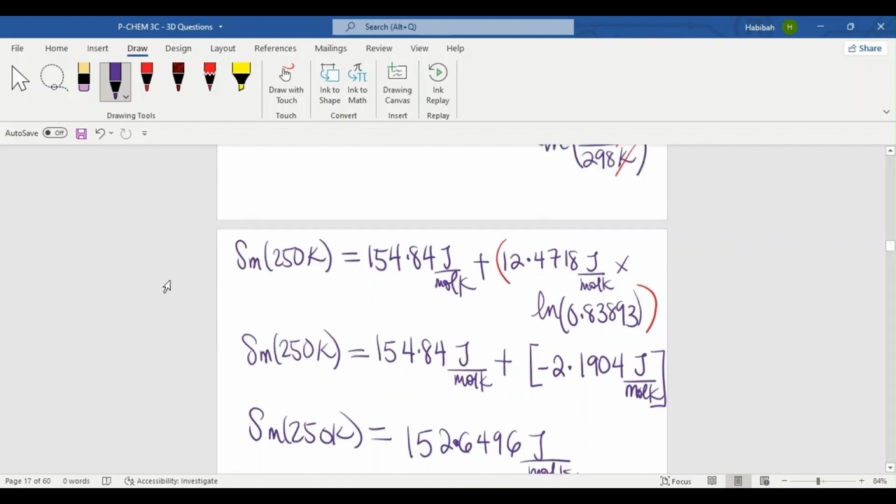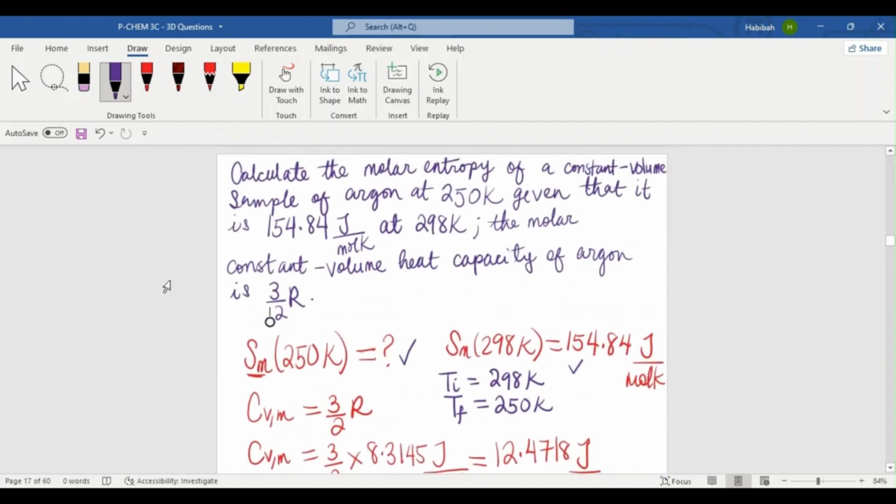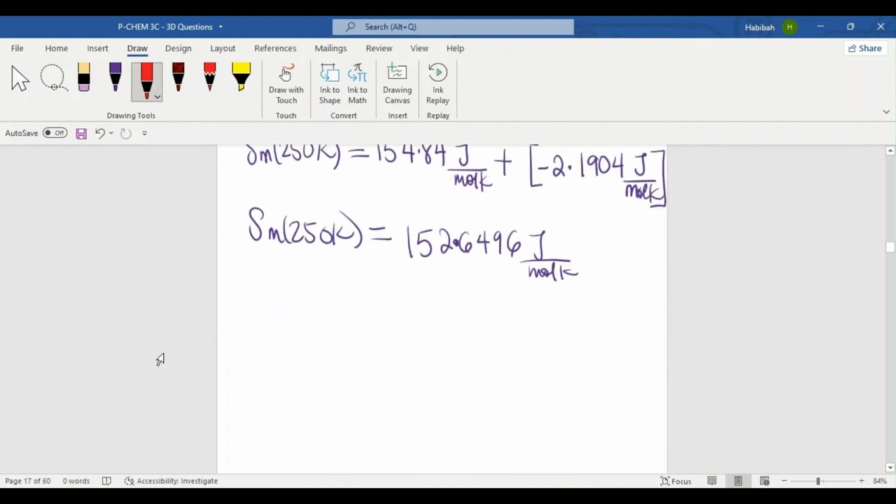Now, if we go back to our question, we see that the molar entropy for the initial temperature was given to us in 2 decimal places. So we're going to put our final answer in 2 decimal places. The molar entropy at 250 Kelvin is going to be 152.65 joule per mole Kelvin.